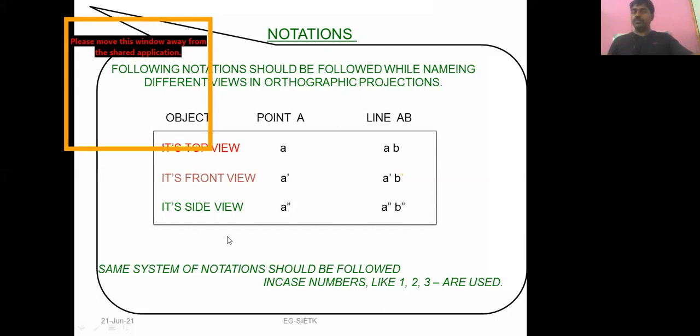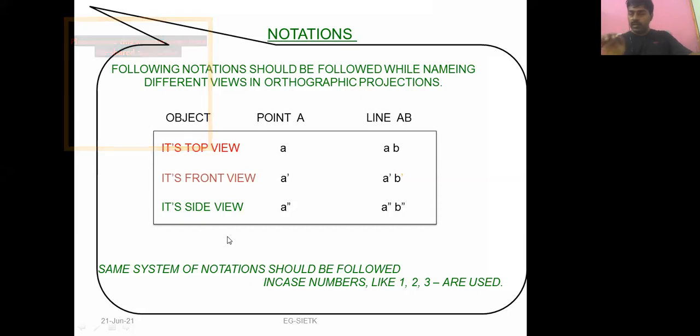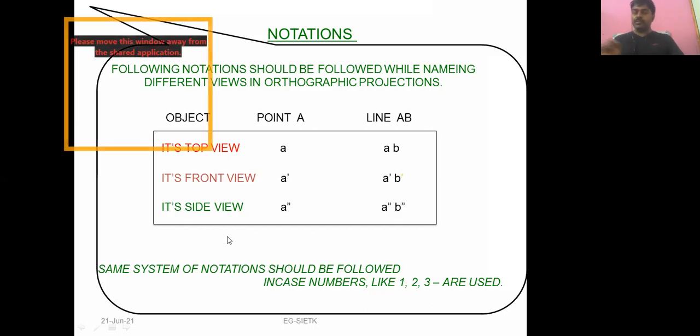Top view. In the projection of points, the top view is always represented by small letters only. Small letters only. Example, small a, small b, small c, small d, like this.